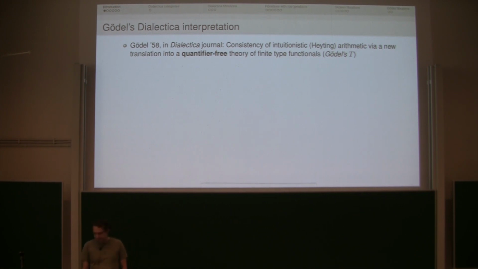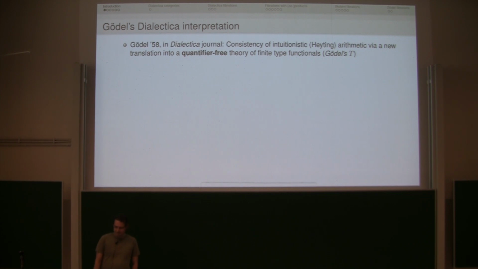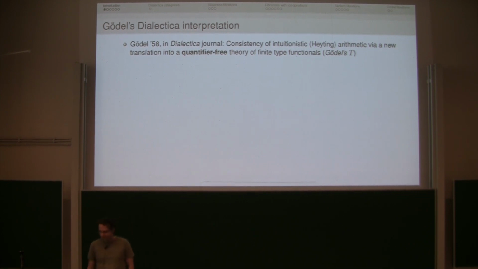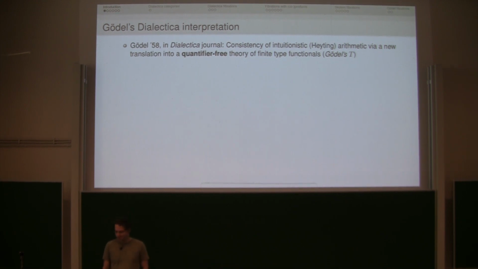What this means on a technical level is not completely relevant for us now, but there are a few key features that will be the red thread in this talk. So first of all, what is the idea?